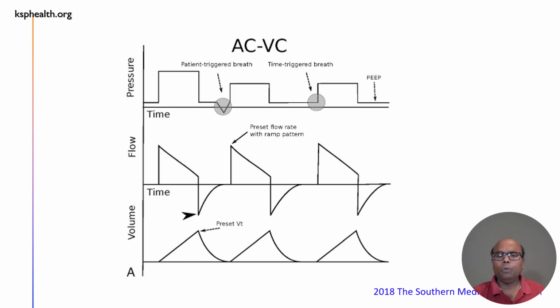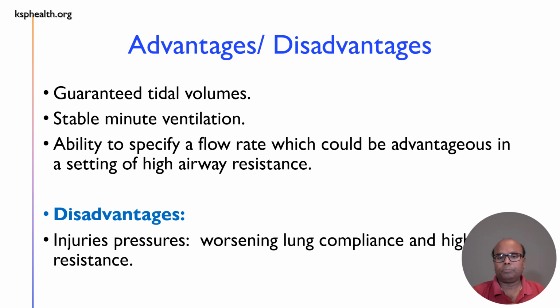But the pressure at which the volume is delivered differs based on the airway resistance and compliance of the lung. The advantages: it gives a guaranteed tidal volume, stable minute ventilation, and the ability to specify flow rate, which could be advantageous in the setting of high airway resistance.